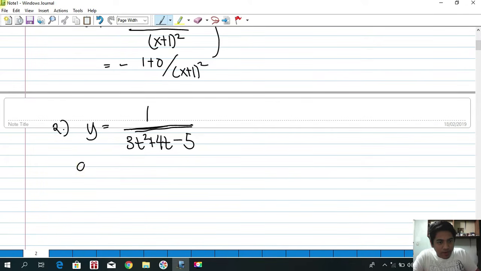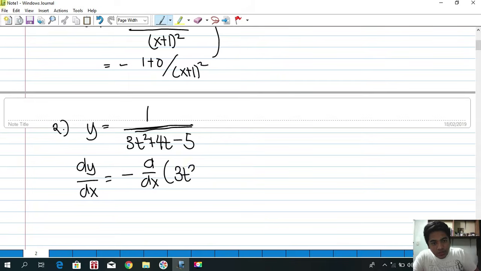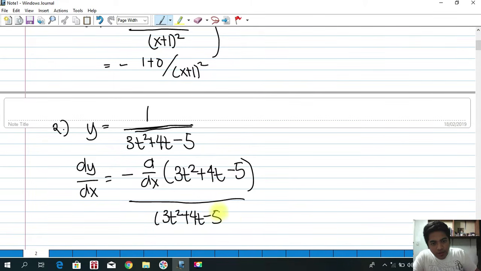So applying the formula, we have dy over dx of this y is actually equal to the negative d over dx of v, the new denominator, which is 3t squared plus 4t minus 5, divided by v squared. So that is 3t squared plus 4t minus 5 squared.